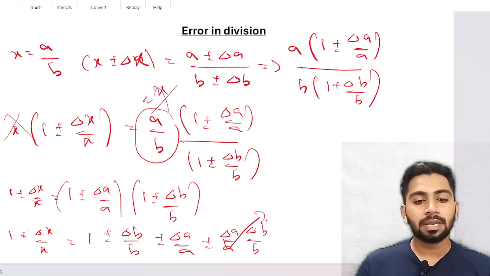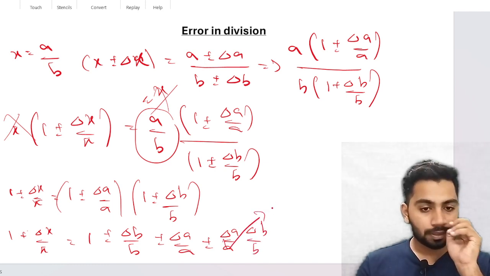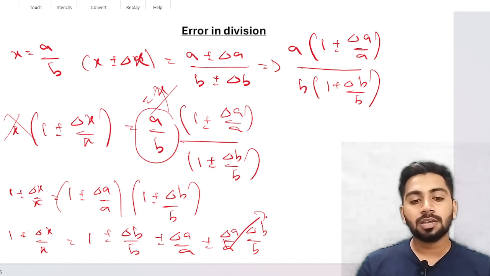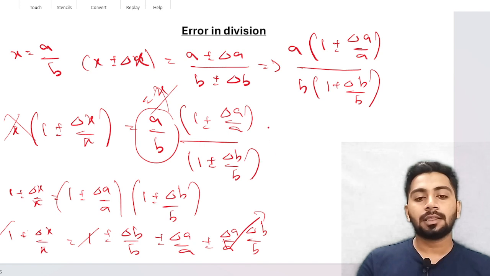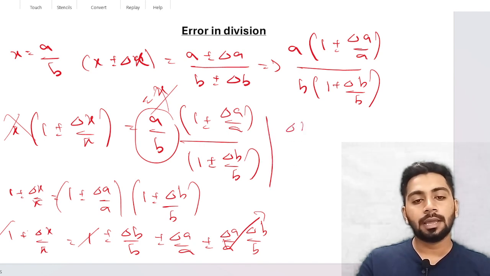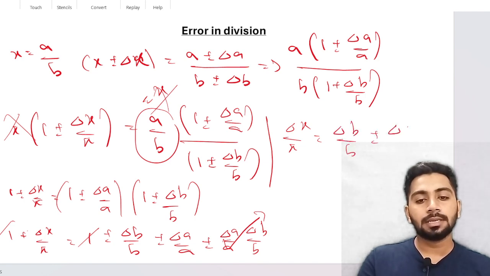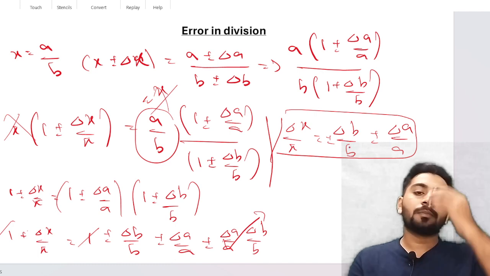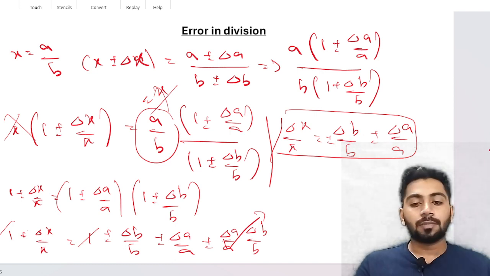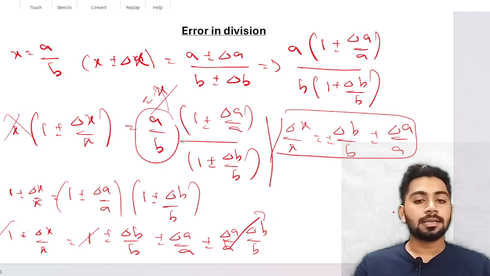This last term becomes negligible because it is a very small error, and the 1 gets cancelled. So totally, your error in division is plus or minus error b by b plus or minus error a by a. This is the same error as in multiplication. In both, the errors are the same.